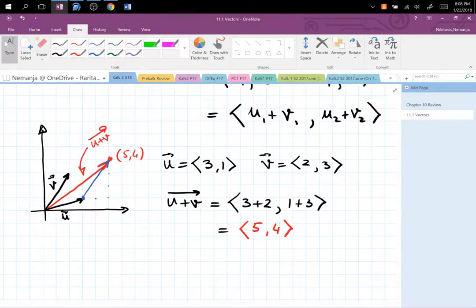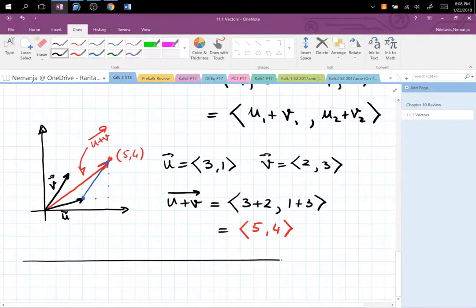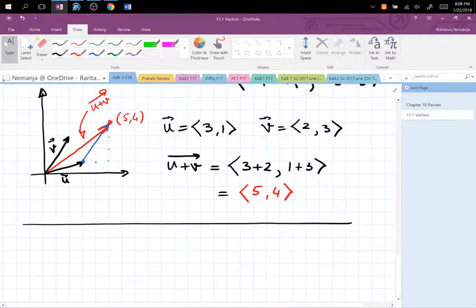Subtraction actually doesn't exist. What we do is we add the first vector to the flip of the second vector, and then the addition of those two is the subtraction.